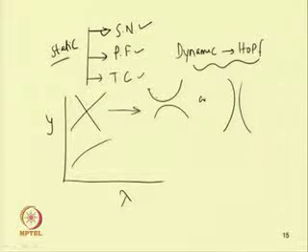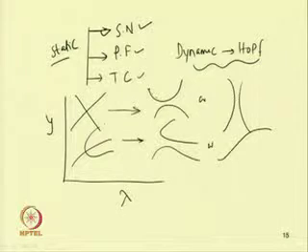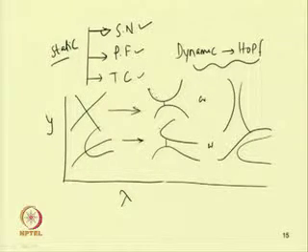Similarly, in case of the pitchfork bifurcation, the curve may become like this: one branch, and the other branch bifurcates like this, or it may be a single branch, this upper one, and then there is some gap between. So by changing slightly the critical parameter lambda, one can see there will be some gap generated between different branches.